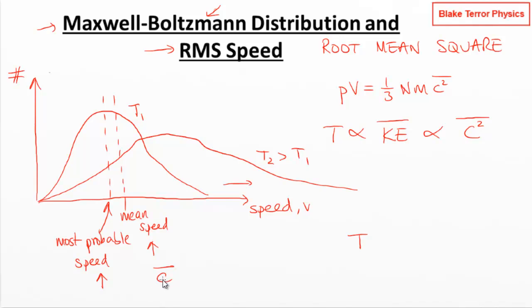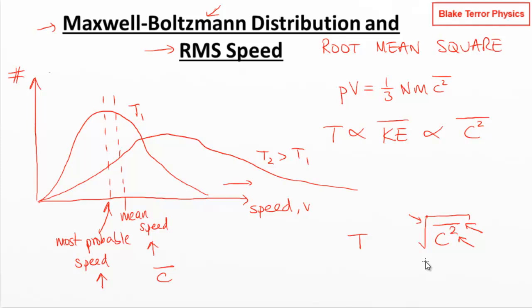We don't want that. We want the square root of the mean of the squares of the speeds. That's what we want to do. So that is the root mean square. You've got the root for the square root sign, the mean for the mean sign, and the square for the square sign. So this is our root mean square.